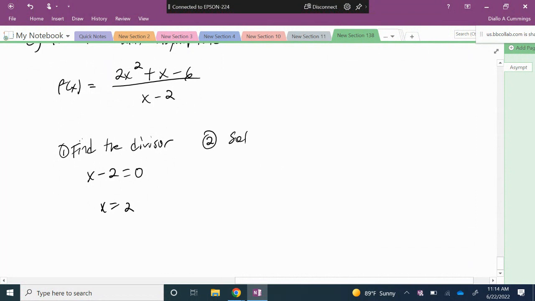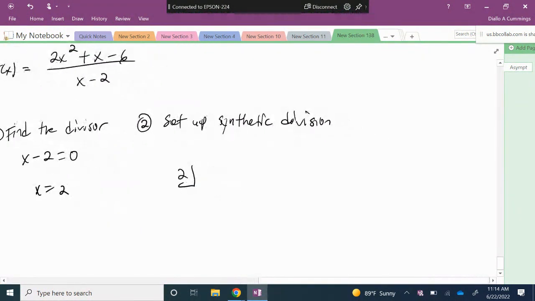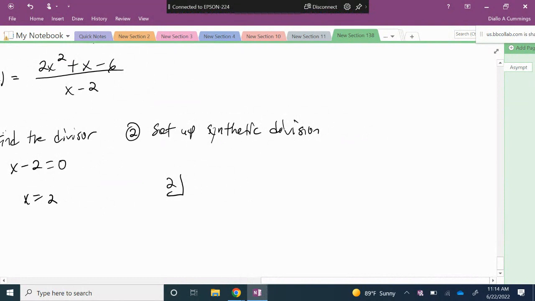So we're going to set up synthetic division. We have 2 as our divisor, and then we list out the coefficients of the dividend. So that's 2, 1, and -6. That first number always comes down.